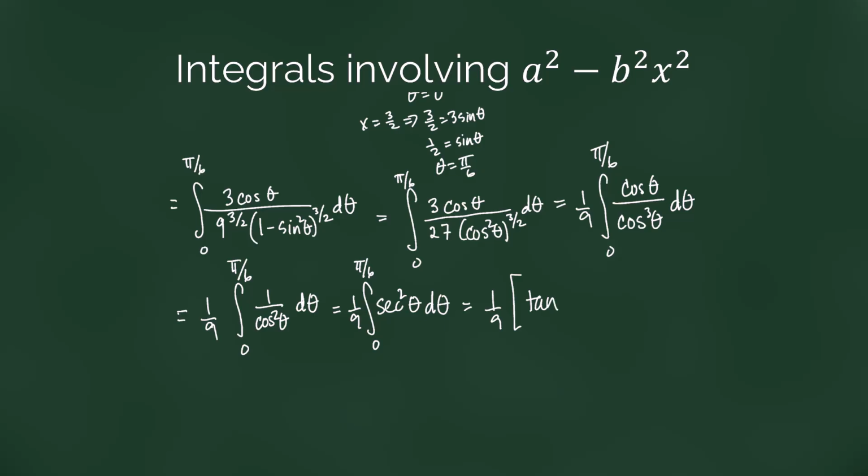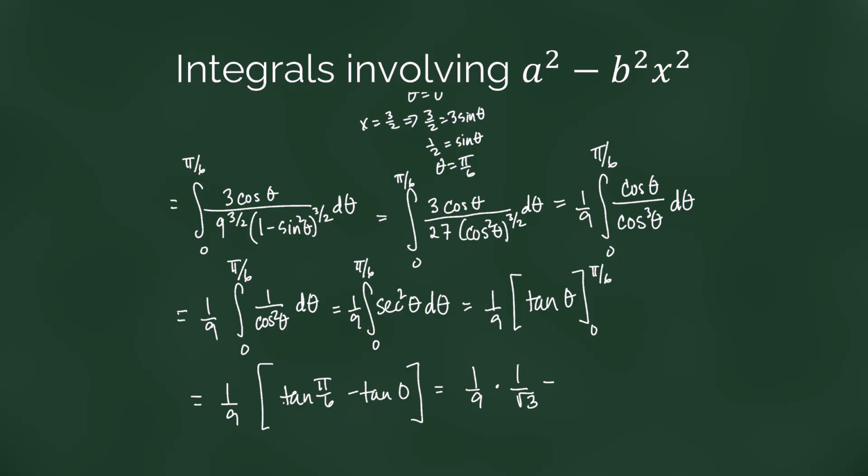So we have 1/9 the tangent of theta from 0 to pi over 6. And since we switched our limits, we don't have to go back to x. So we get 1/9 times the tangent of pi over 6 minus the tangent of 0, which is 1/9 times 1 over square root of 3. We can rationalize the denominator and rewrite that as the square root of 3 over 27.